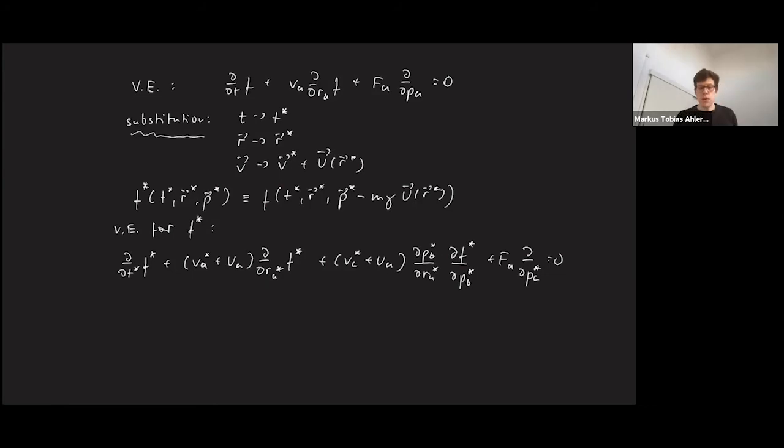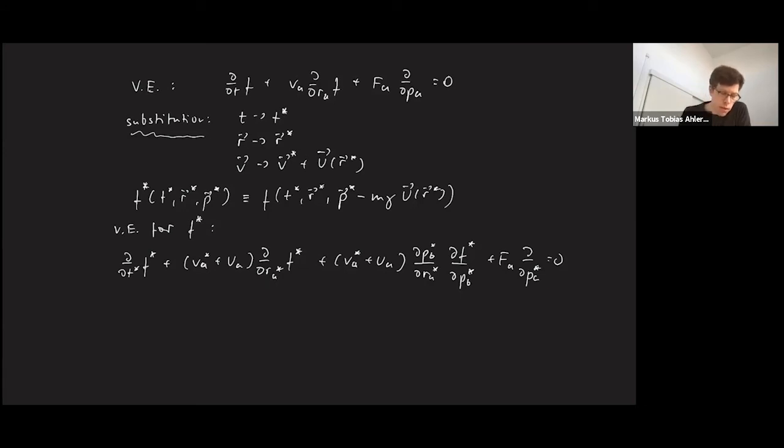So this is now going to be the transformed Vlasov equation, where we took into account the bulk motion of cosmic rays. And so you see that there is one term here that goes like the derivative of the new momenta with respect to R_A.